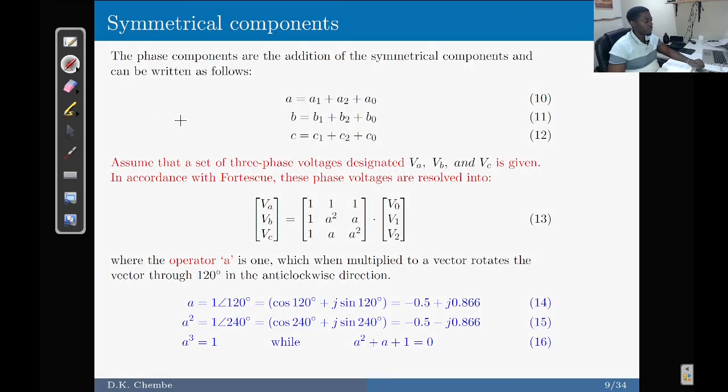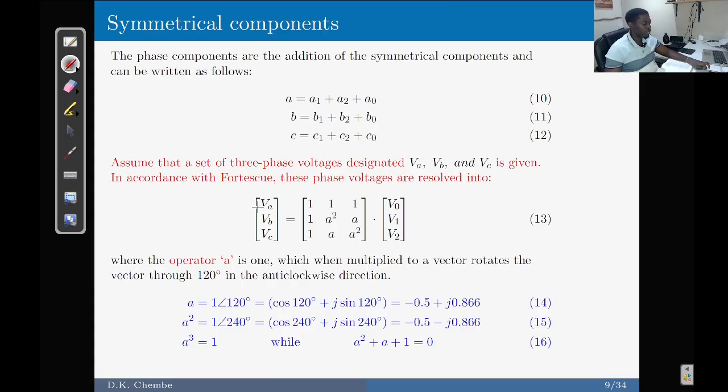Okay, so let's assume we've got three sets of voltages, that is VA, VB, and VC, given. Therefore, according to Fortescue's research, the phase voltages can be resolved in matrix format, where VA, VB, VC equal a 3x3 matrix multiplied by a single column matrix of the components.